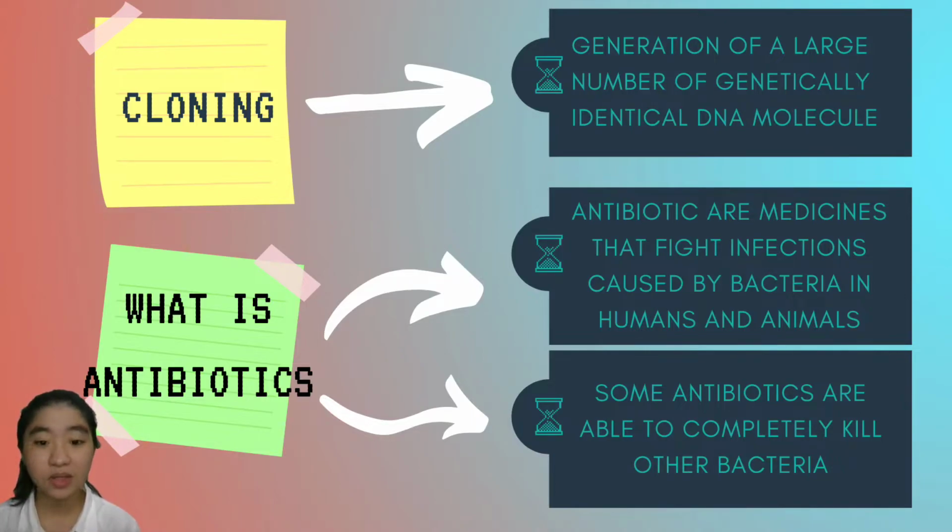Bactericidal antibiotics can kill bacteria, whereas bacteriostatic antibiotics suppress bacterial growth. Antibiotics are classified as antibacterial, antifungal, or antiviral, depending on which microorganisms they fight.